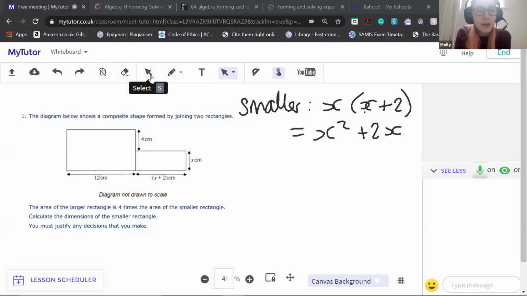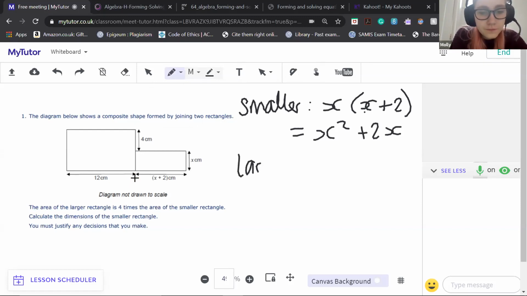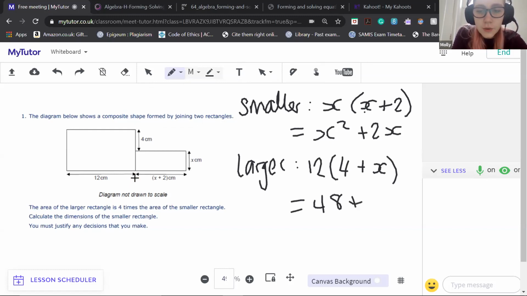A couple of people getting there. So it's 4 plus x, because this side here is going to be equal to this here. Because this is a rectangle, this length down here is x. So this side of the rectangle is 4 plus x. So the area of the larger rectangle is 12 times 4 plus x. And that is 48 plus 12x, if we expand that out.